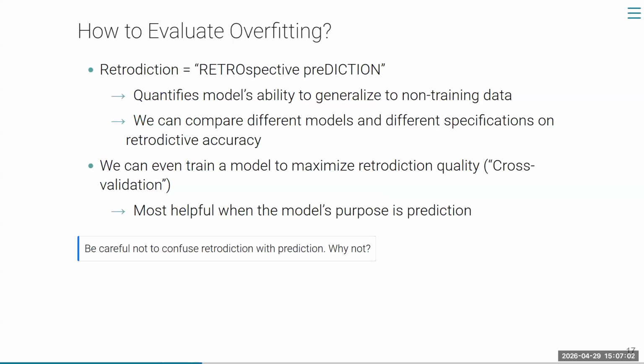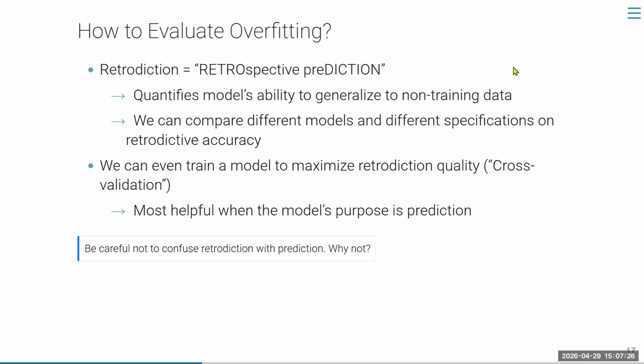So in order to quantify the predictive performance of a model, we're going to talk about something called cross-validation, which is a procedure that is an example of what we call retrodictions.